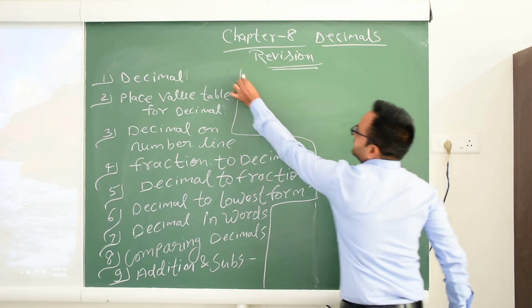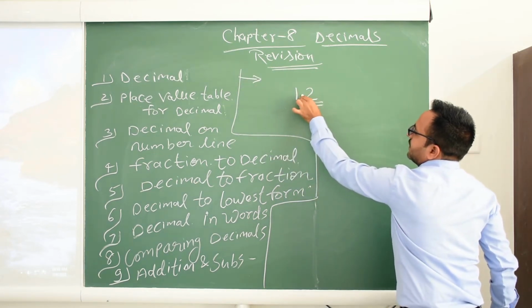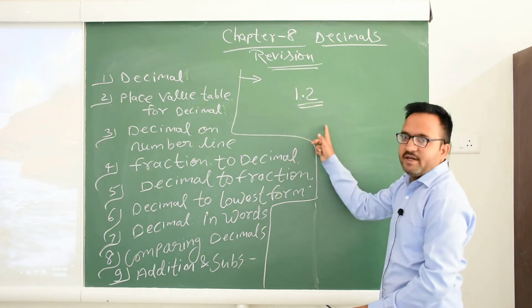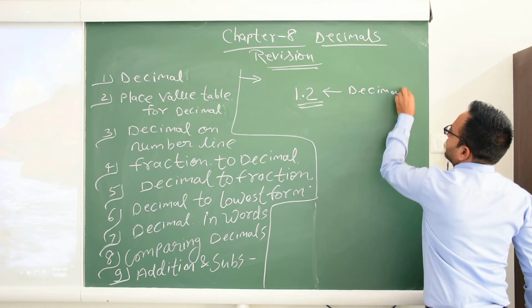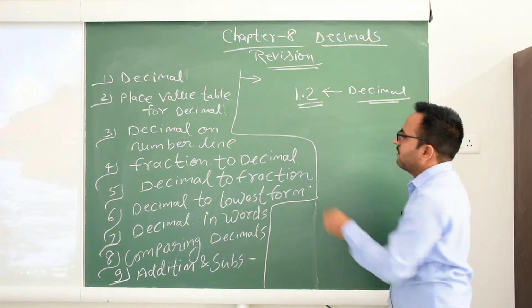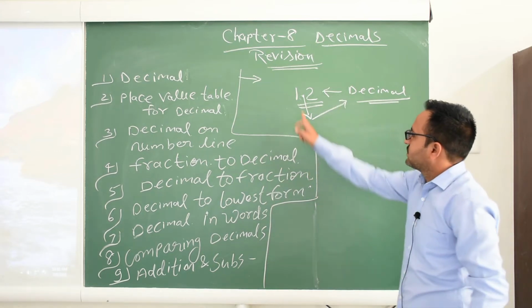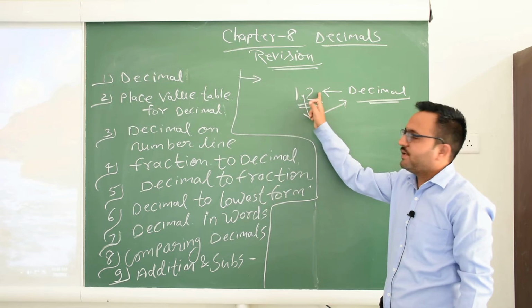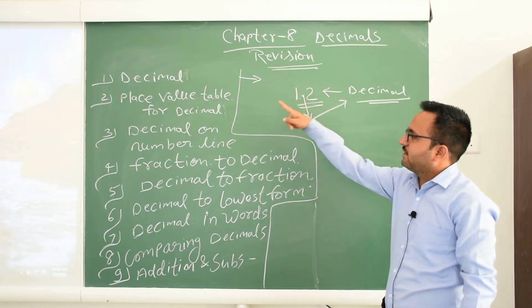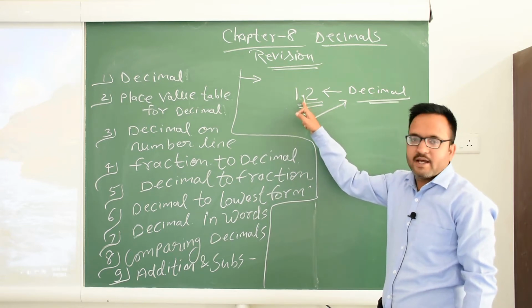Suppose 1.2. So 1.2 is a decimal number, because this point is called the decimal point. In a decimal we consider it as a point.